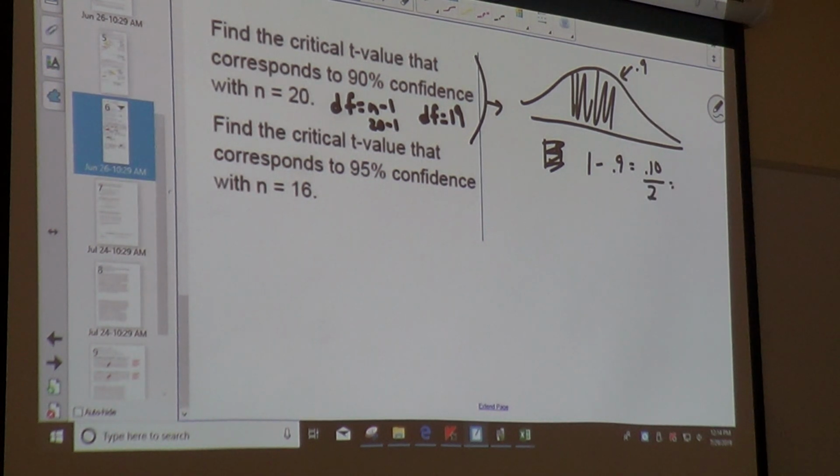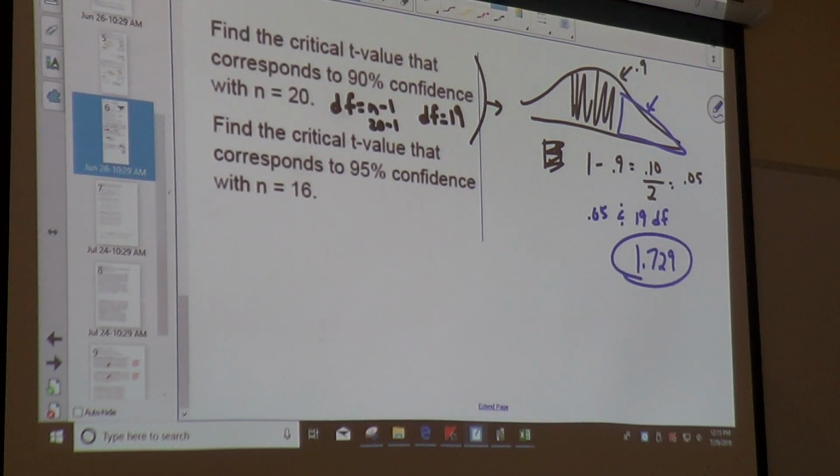I divide by the 2, so that gives me 0.05. So I'm going to be using 0.05 and 19 degrees of freedom. Go with me? 0.05 and 19 degrees of freedom, what would my answer be? 1.729.